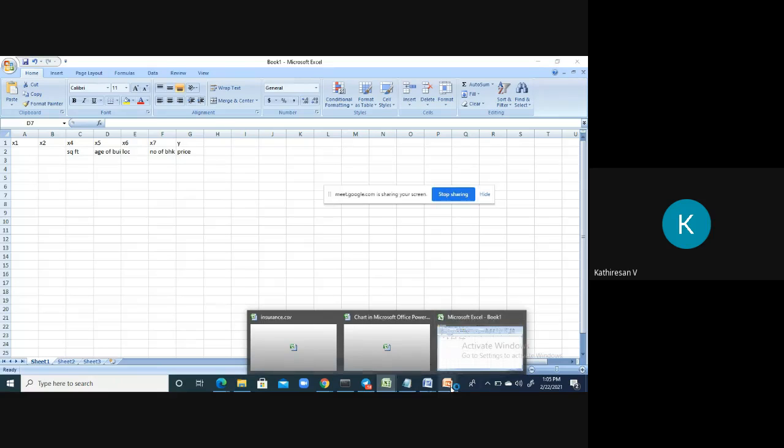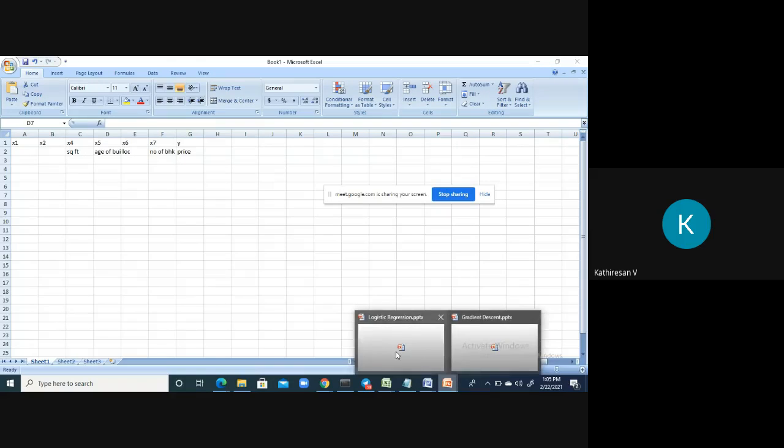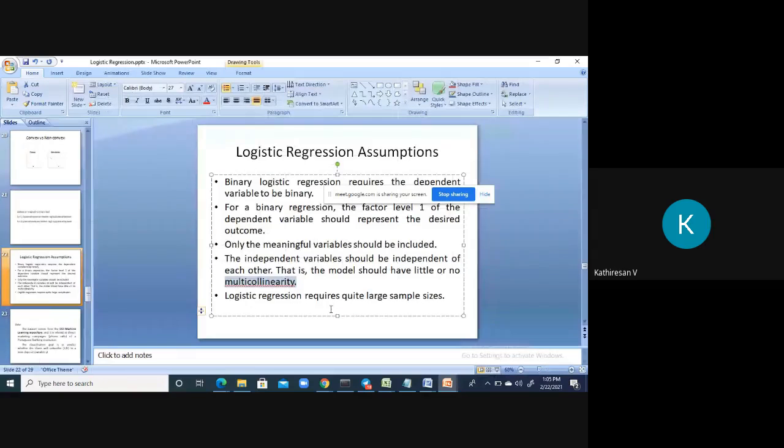Then the other point we have to discuss is that logistic regression requires quite large sample sizes. Why are we going with large sample sizes? Because we are having only two classes, 1 and 0.